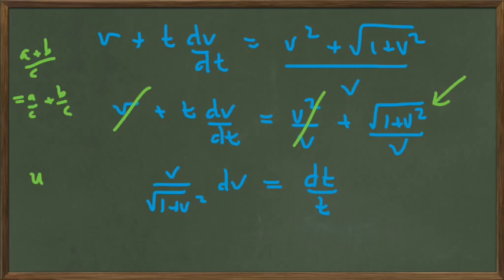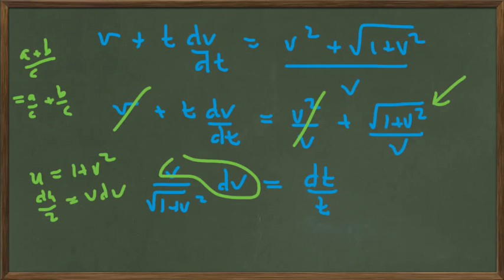Now, to do the integral of the left-hand side, we're going to let u equal 1 plus v squared. That gives us du over 2 is v dv, so let's identify v dv as du over 2, and that allows us to set up the integral on the left-hand side as u to the minus 1/2 du.